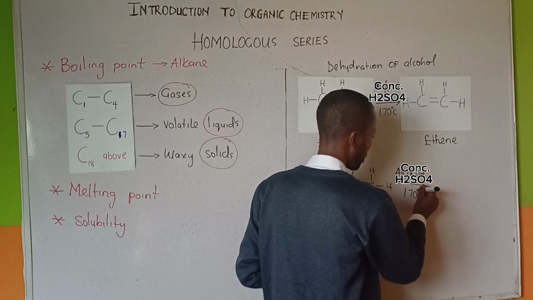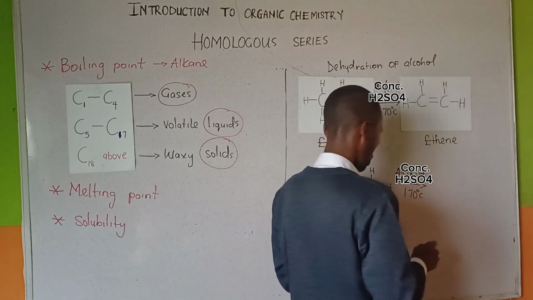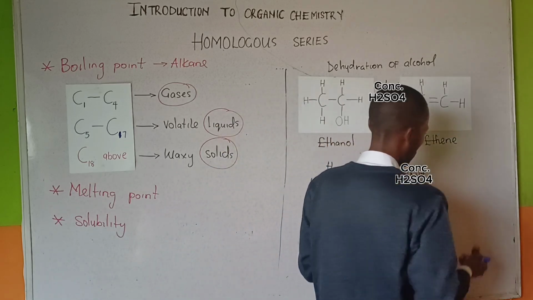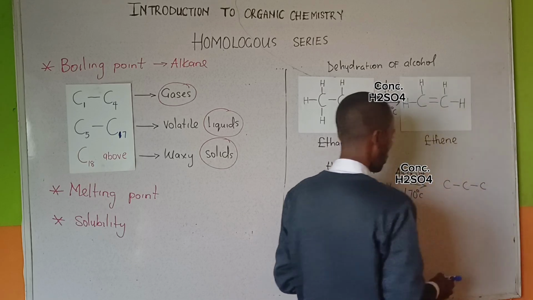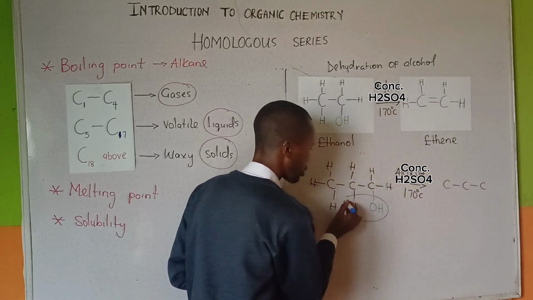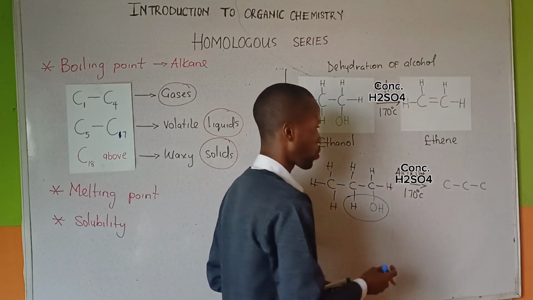At 170 degrees Celsius, we have the formation of the products, which is carbon, carbon, carbon. So right here we have elimination of water. Hydrogen and OH form the H2O.